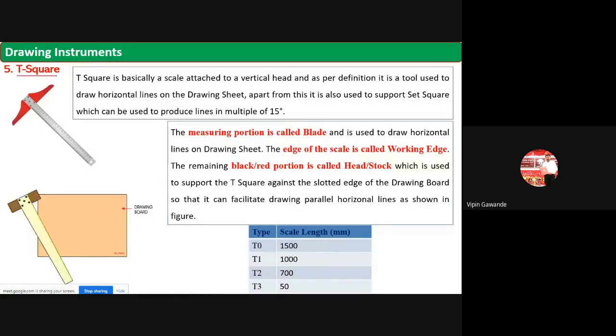Then we saw the T-square. The T-square has a scale, and at one end it has a support, which connects it with the drawing board.